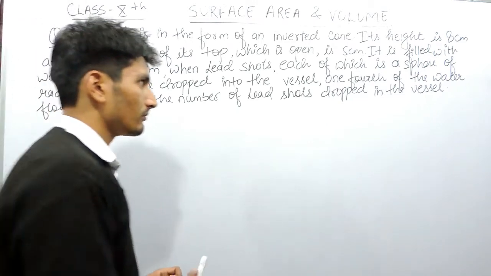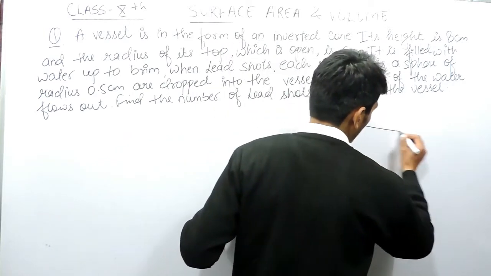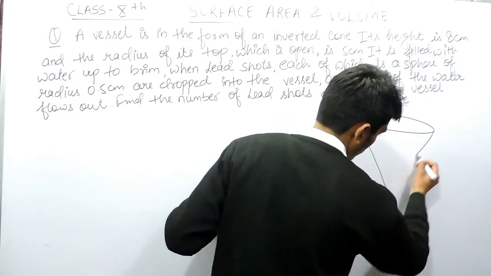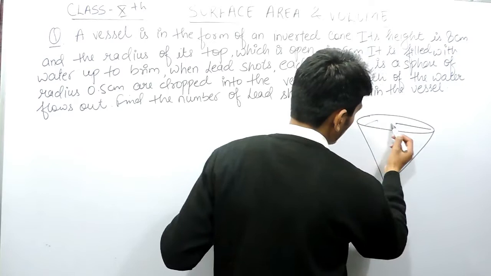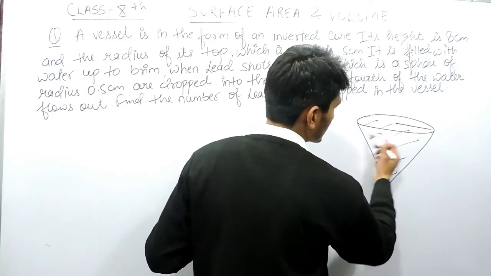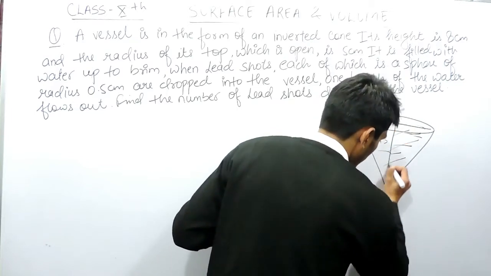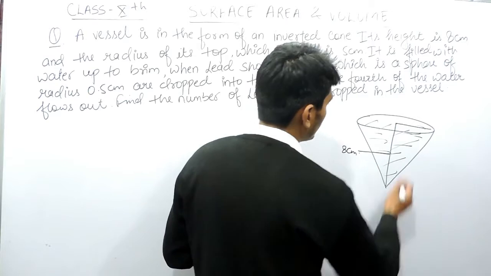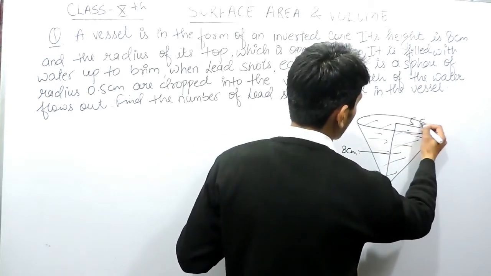Now, this is important here. This is the cone which is filled with water up to the brim, means this is completely filled with water. The height of this is 8 cm and the radius is 5 cm.